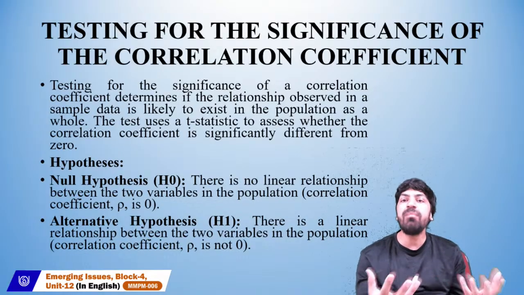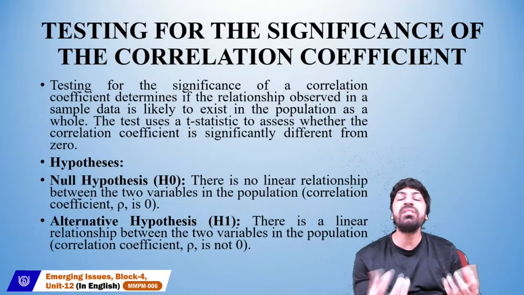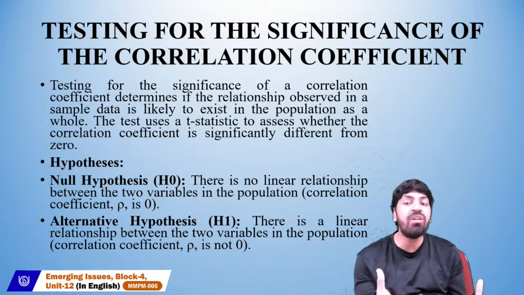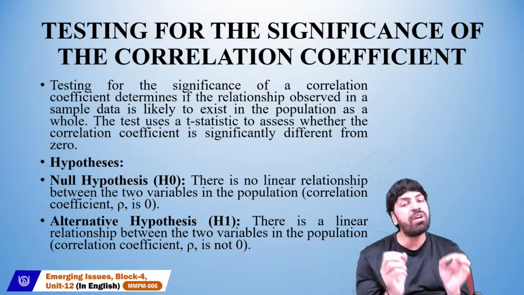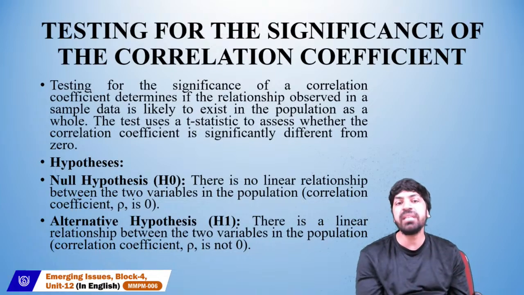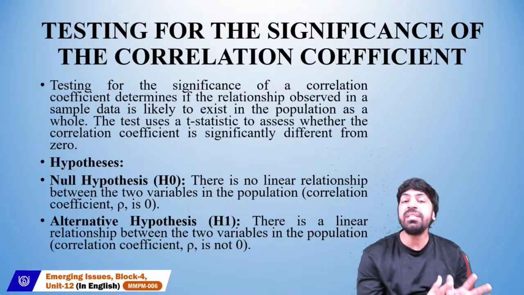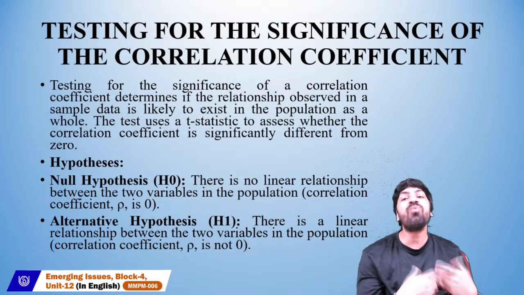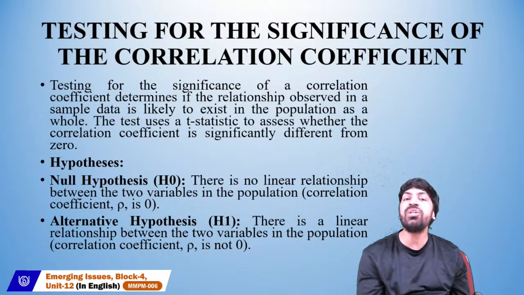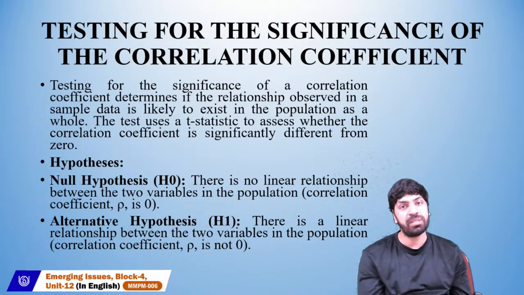To test the significance of the value of r, we use one of the best tools of statistics, called the t-test or t-statistic test, which aims to assess whether the correlation coefficient is significantly different from zero or not.